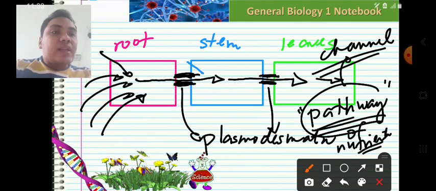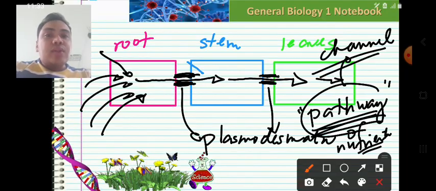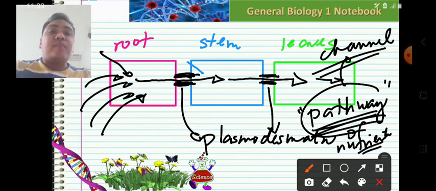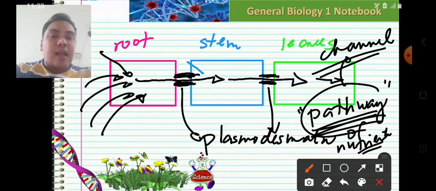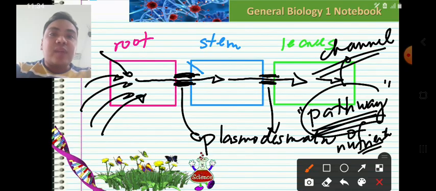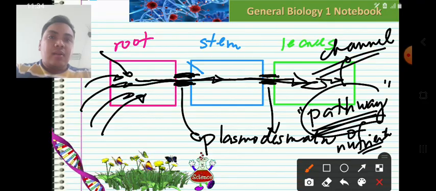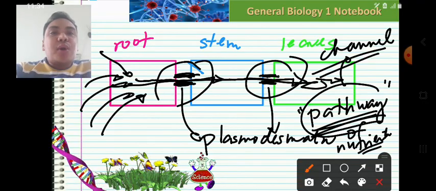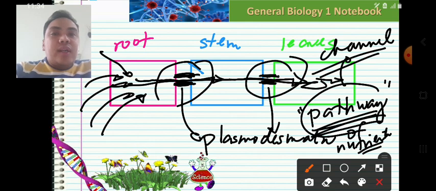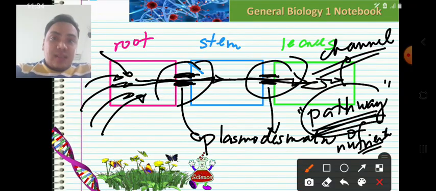Whenever we say channel, it serves as the pathway of nutrients like water, solutes, substances, and other forms of minerals. And this is the main reason why substances like water and other minerals from the soil can travel from roots to leaves: because of the presence of plasmodesmata. So the transfer of nutrients from the soil is possible because of the plasmodesmata.